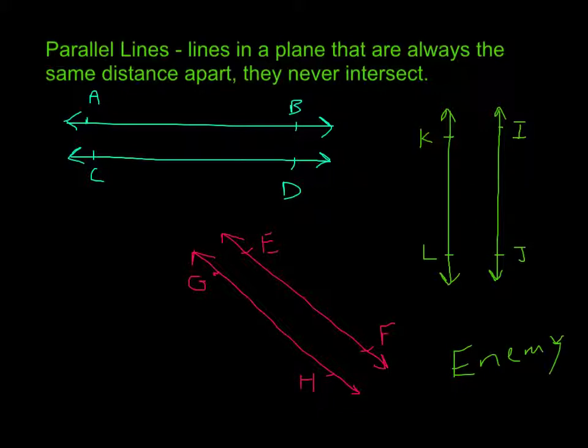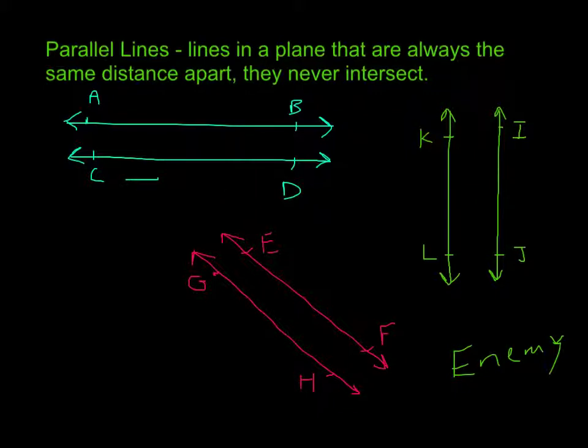So, as you can see here, we could say that our blue lines up here, AB and CD, are parallel to each other. Now I'm going to write that down right here.